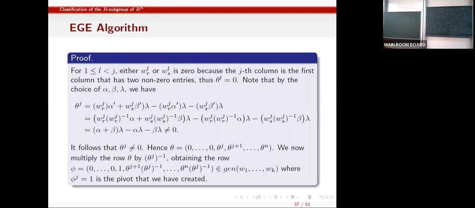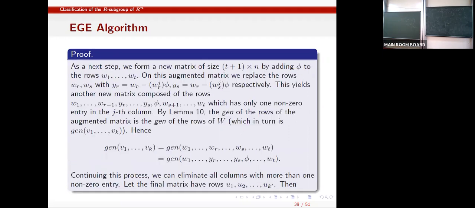Now we want to eliminate the rows WR and WS using the new row phi. So how do we eliminate that? We take a new row YR, this one, and the new row YS. So we exchange the row WR with YR, we exchange the row WS with YS, and the gen remains unchanged.